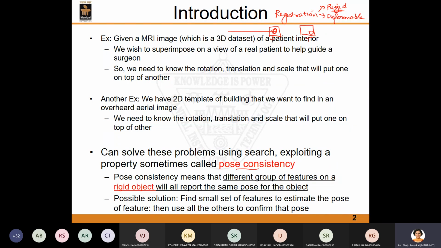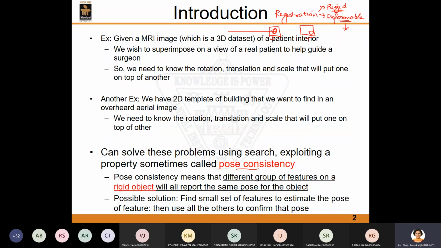Such objects are called deformable objects, and the registration techniques which deal with them are called deformable registration techniques. Some examples of deformable objects are human organs, especially the heart or the lungs. When you try to take multiple images of the same organ, since it is in motion, the shape may not remain the same.